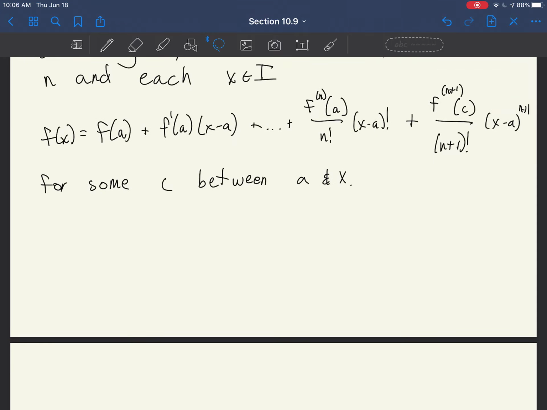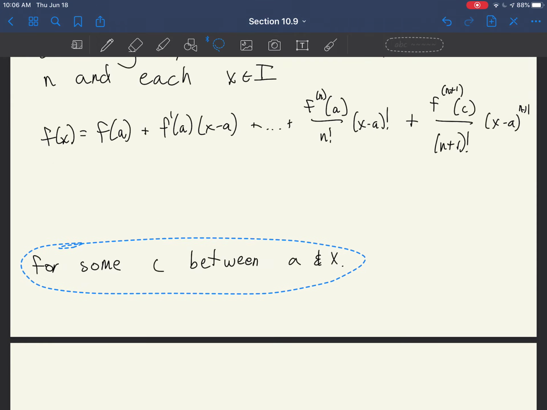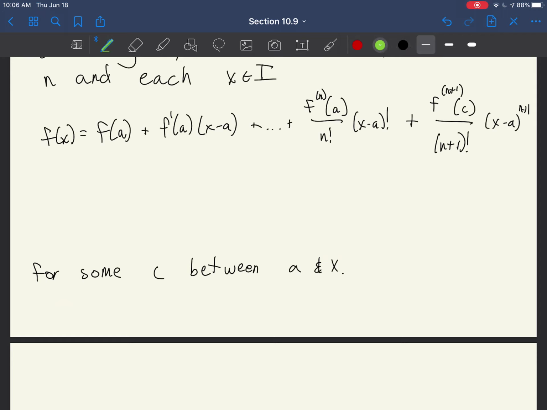So he said, well, it's not only true for f of b, it's true for every x in this interval of convergence.